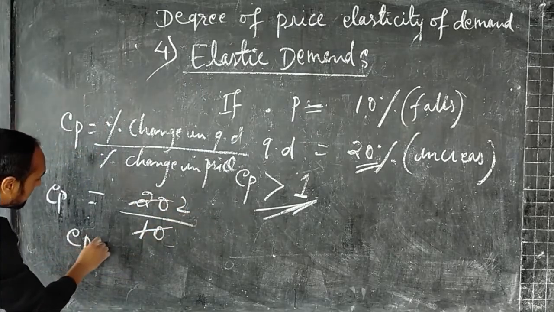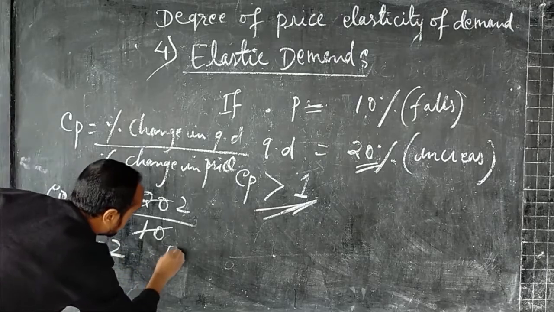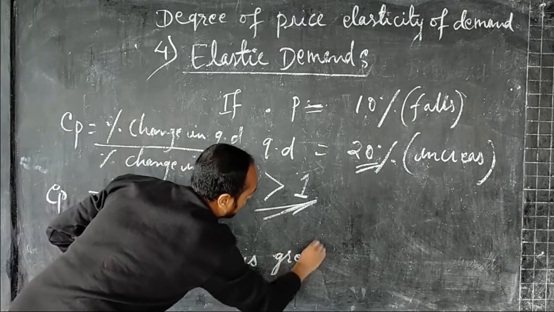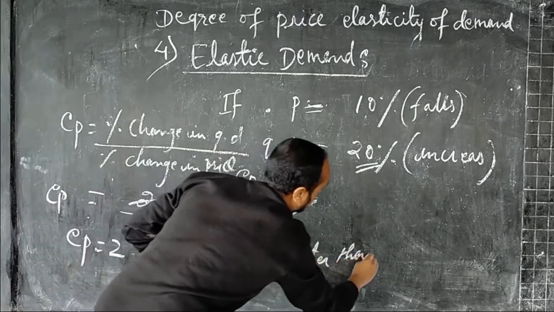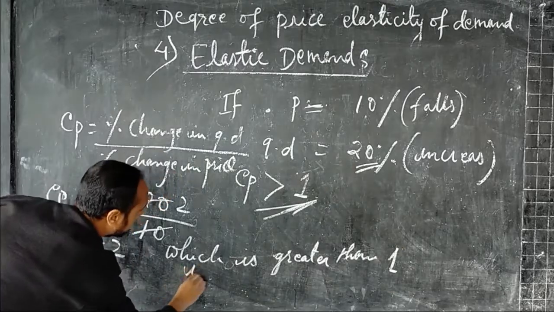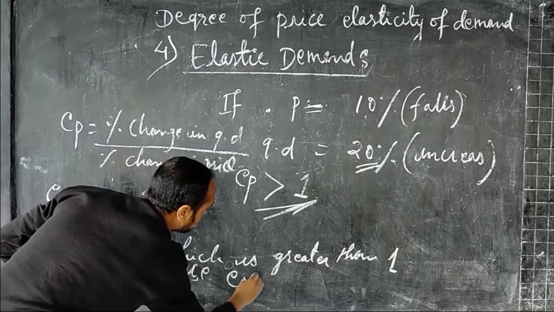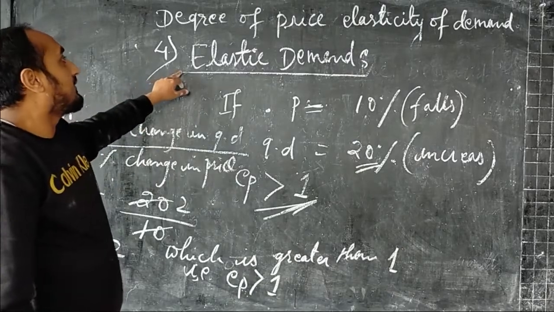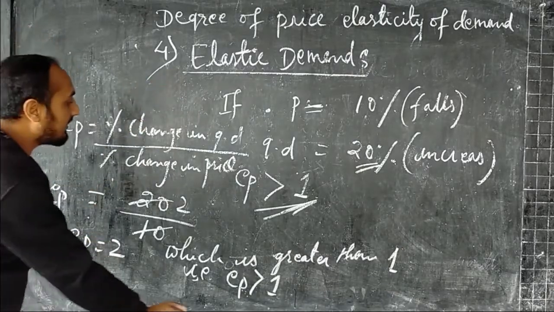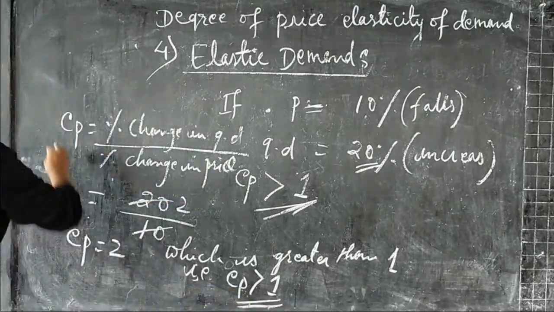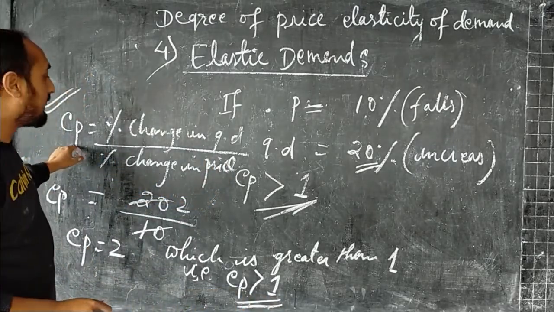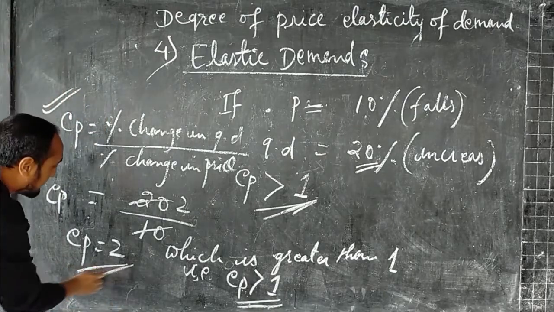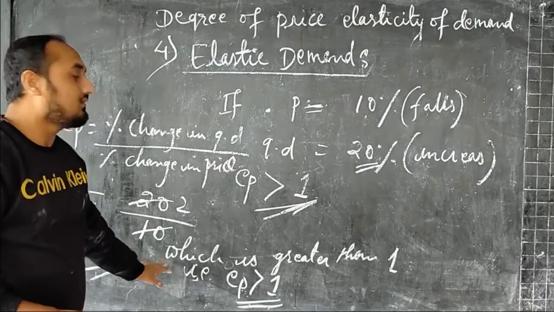So here we get EP equals 2, which is greater than 1. That is EP is greater than 1. So the value of elastic demand will be greater than 1. We have shown with the help of this mathematical formula that the value of price elasticity of demand is 2, which is greater than 1.